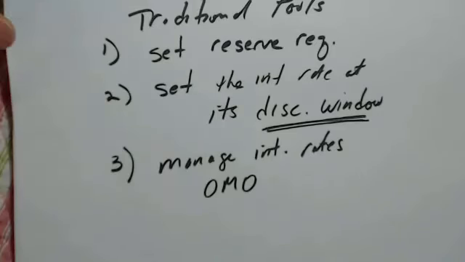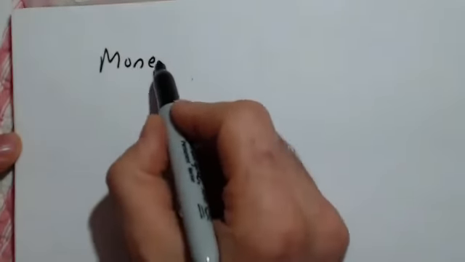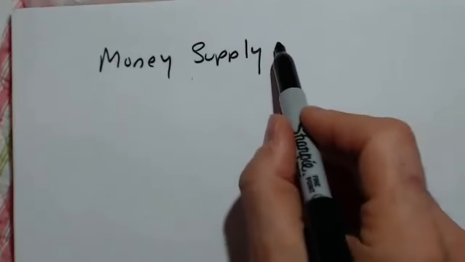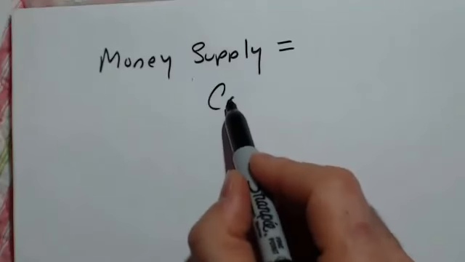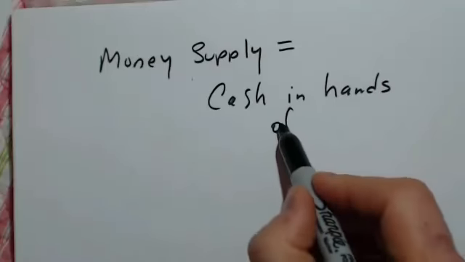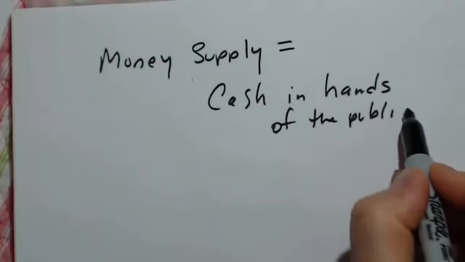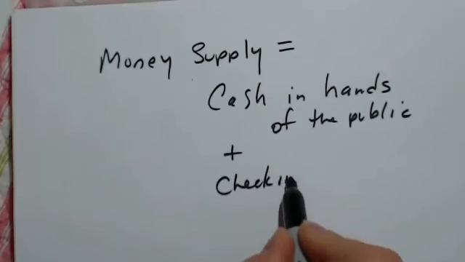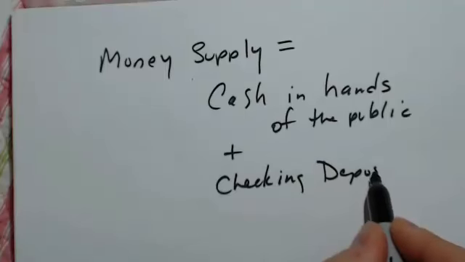And in order to get into it, we need to cover some definitions. The first thing is, let's define money supply. So the Fed is trying to manage the economy using the money supply. And the money supply is made up of cash in the hands of the public, in other words, cash in circulation, plus checking deposits.